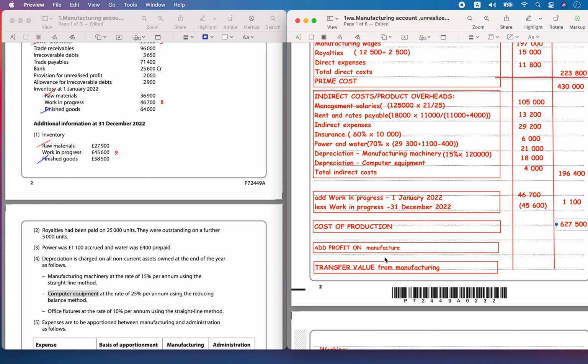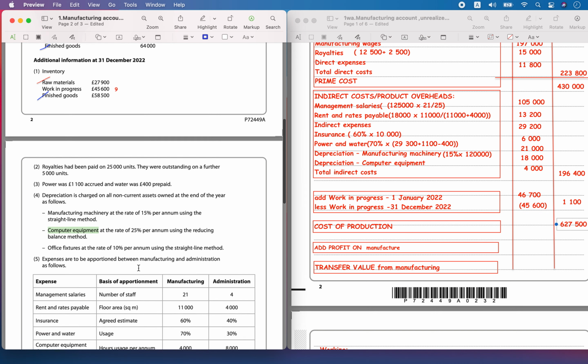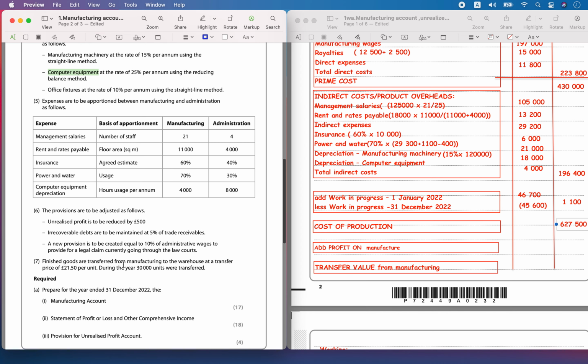627,500. Then we are supposed to add profit on the manufacturer if the information is given. Let's see what information is available. Finished goods are transferred from manufacturing to the warehouse at a transfer price of 21.5 per unit.